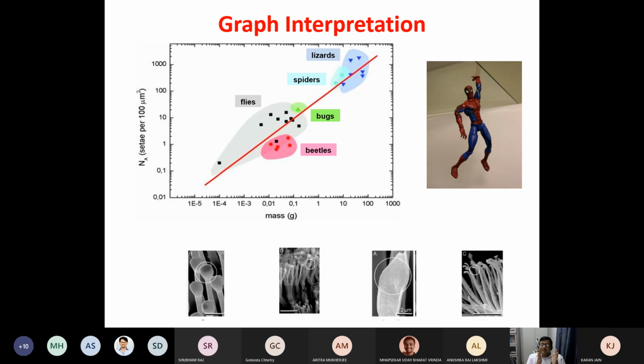Those weak forces come into action when you take two surfaces. Suppose in this situation, one surface is the hand of Spider-Man, and the other surface is the wall.